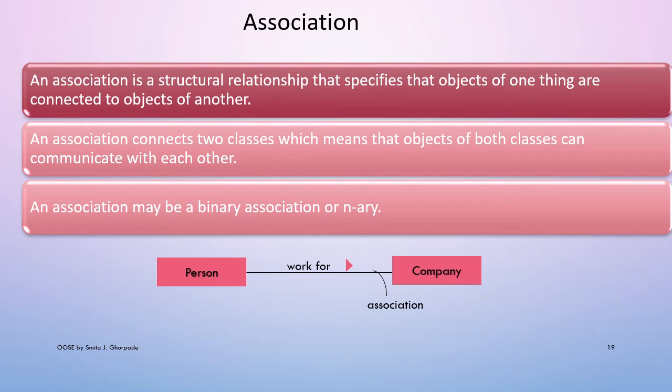A person works for a company. Here a direction is mentioned, meaning the flow is from the person class to the company class. This is an example of binary association because in this association two classes are present, the person class and the company class.